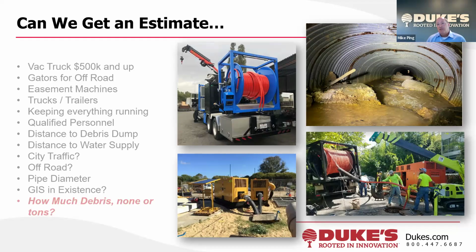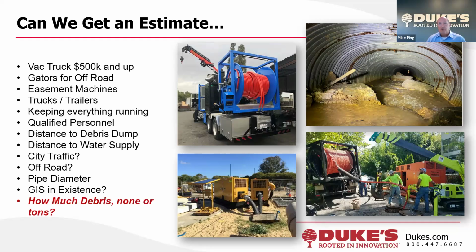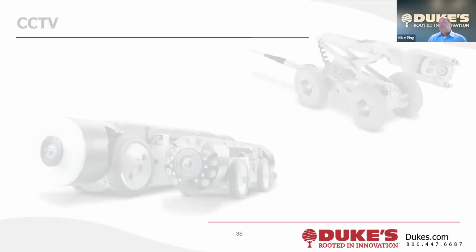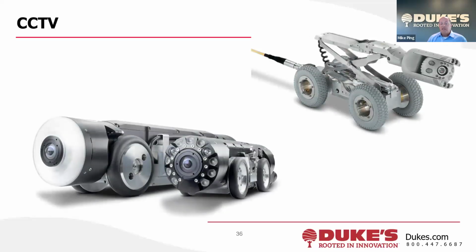So lots of considerations here: trucks, trailers, there's a lot that goes into the cost, traffic, road. And the biggest one down there, how much debris is there? None or a lot? Where is it? And so forth.